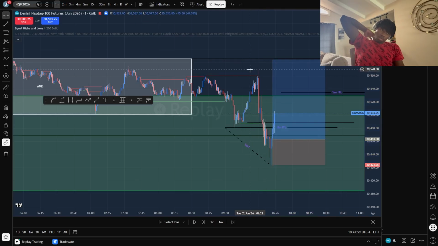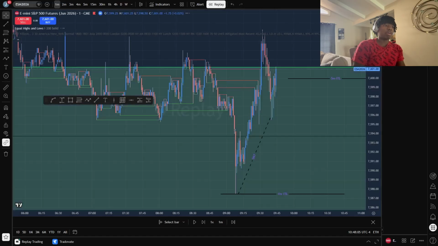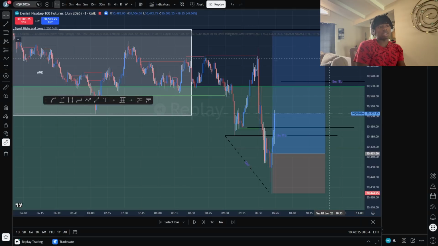The reason why I faded this setup was because I felt like ES had the possibility to push lower and re-interact with this low. And although this did play out, and I saw some people taking it, Dodgy took this, PB Patrick took this, I'm not taking this though.